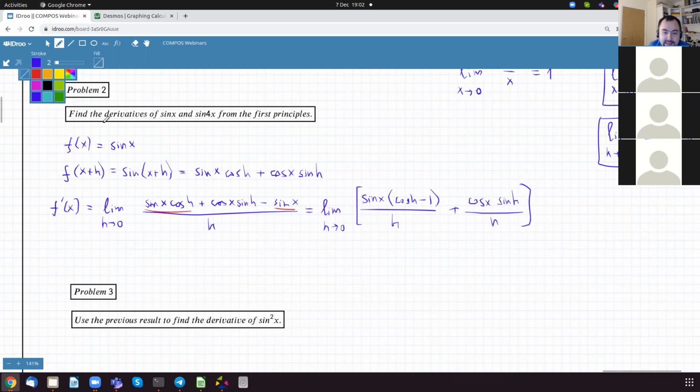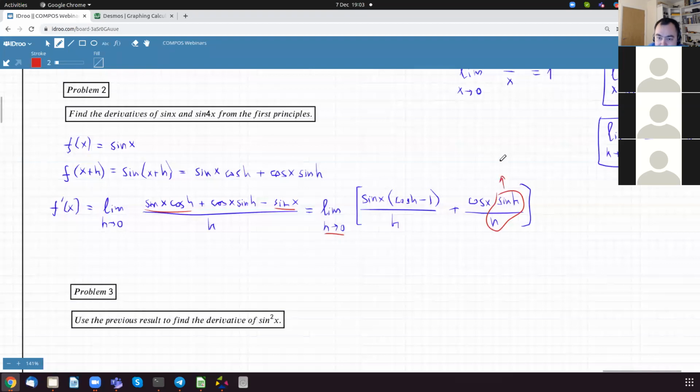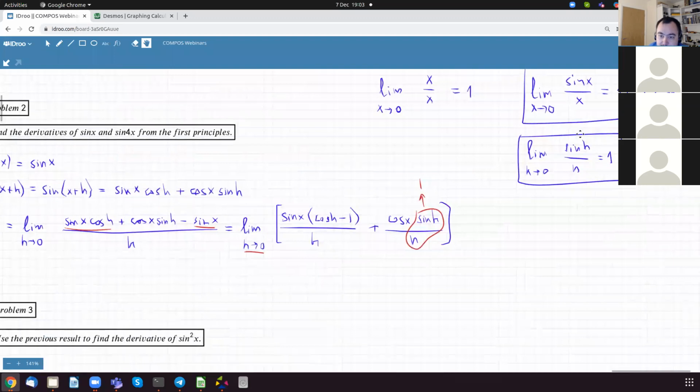But we've already seen that this expression, as h tends to 0, tends to 1. That is the previous result. We use that. As h tends to 0, this expression tends to 1. So this tends to 1.